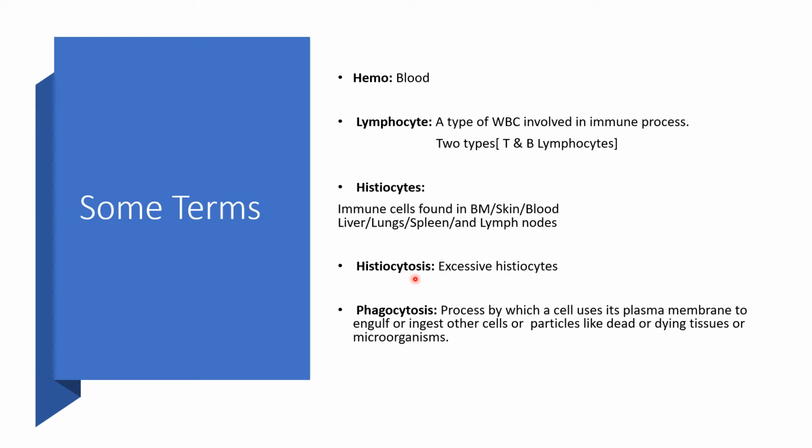Histiocytosis simply means excessive histiocytes, while phagocytosis is a process by which a cell uses its plasma membrane to engulf or ingest other cells or particles like dead or dying tissues or microorganisms.